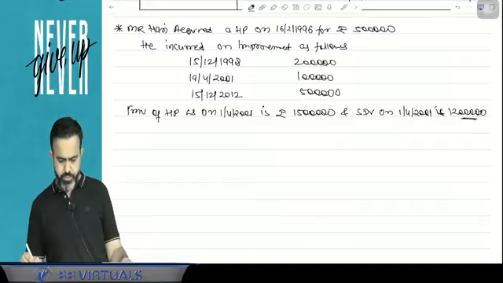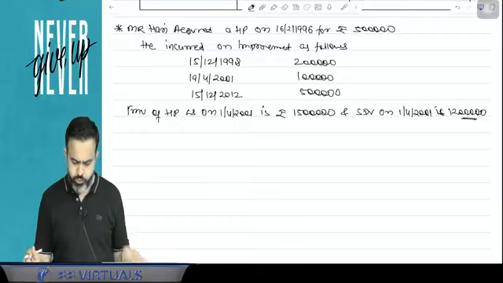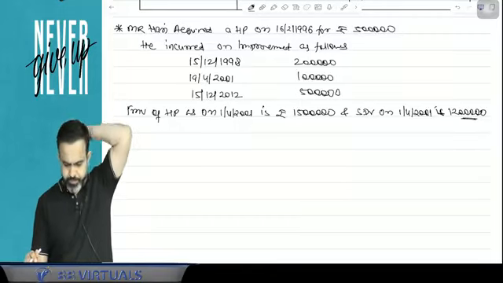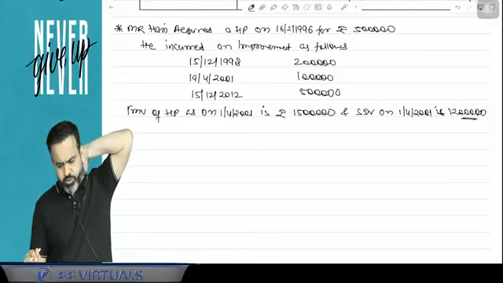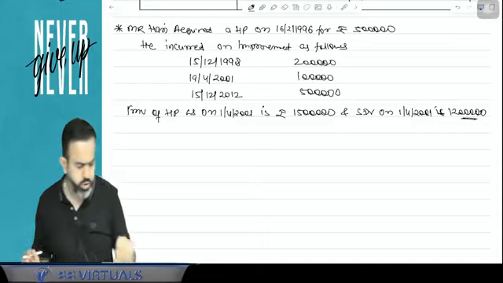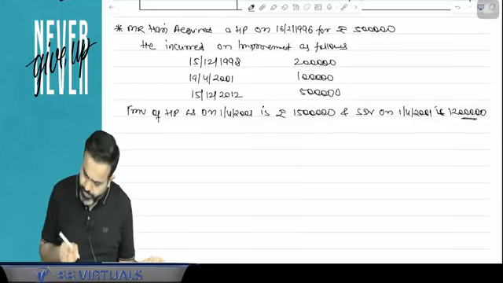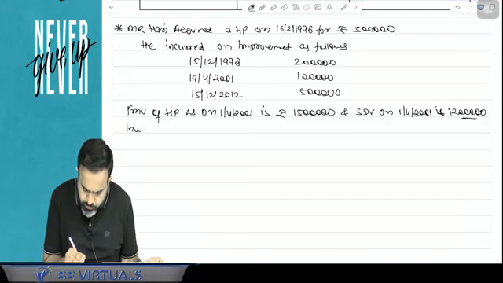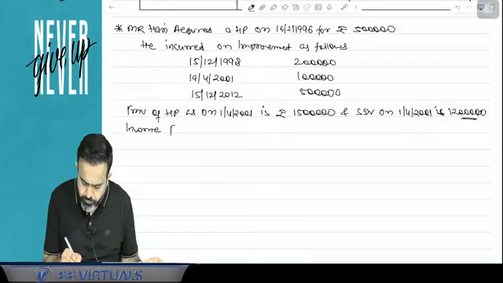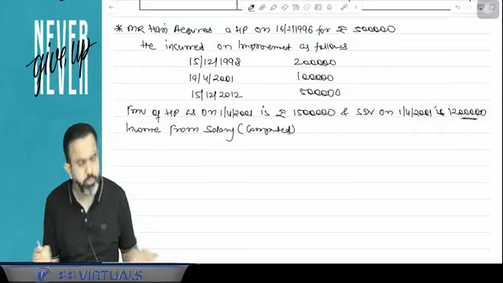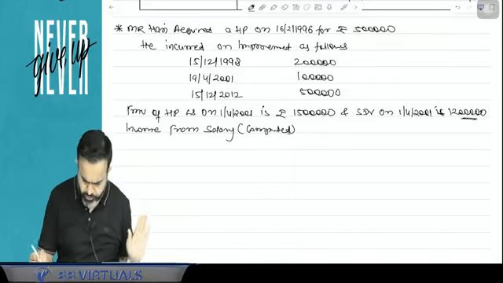So here FMV of house property as on 1/4/2001 is 15 lakh rupees, and SDV as on 1/4/2001 is 12 lakh rupees. Now just write, income from salary, in brackets just write computed. So salary is already computed, means after claiming all the deductions.